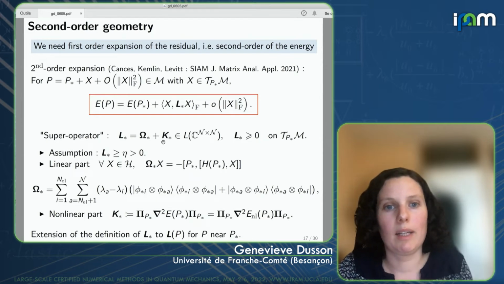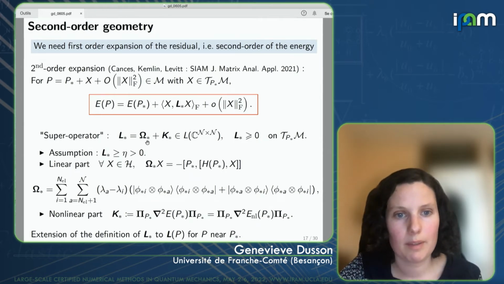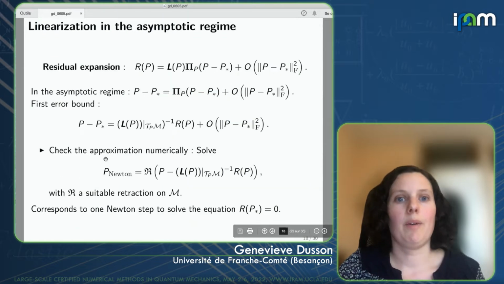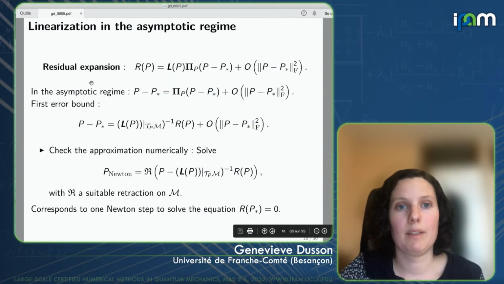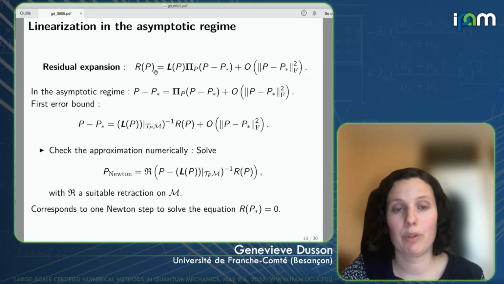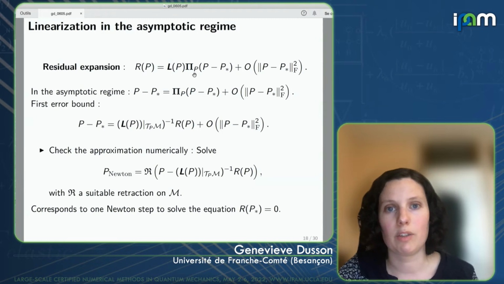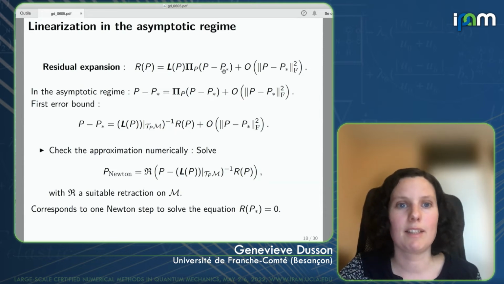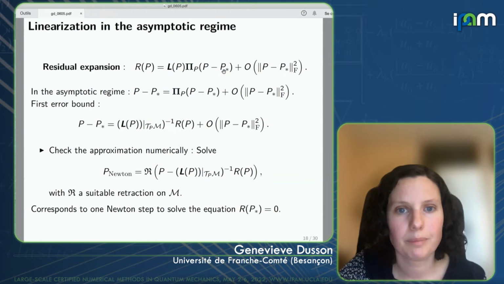Now if we write down the residual expansion, the residual at first order is equal to this super operator applied to the projection onto the tangent space of the error between the exact and the approximate projector.